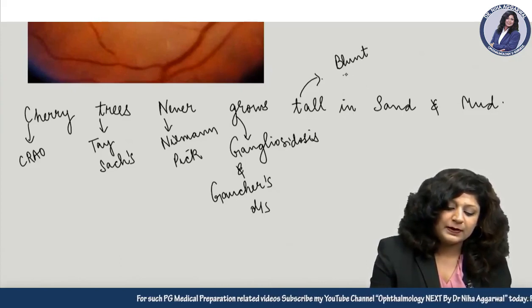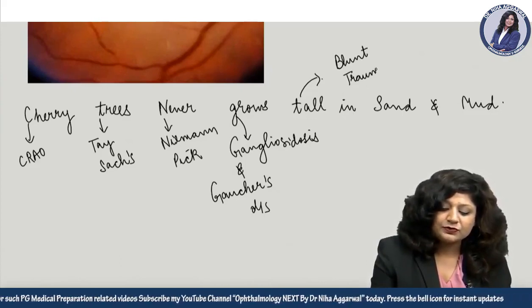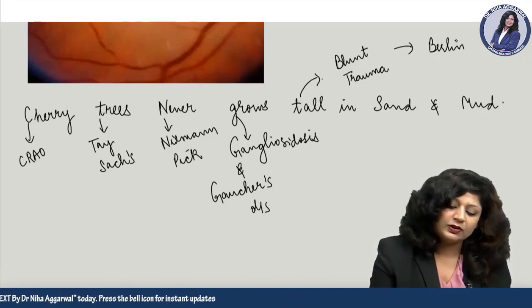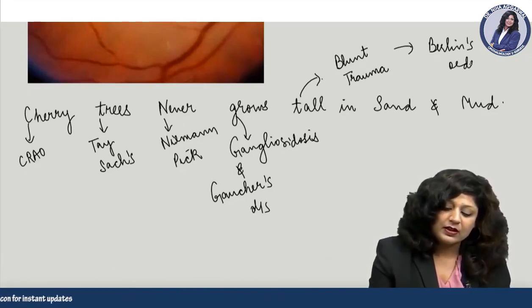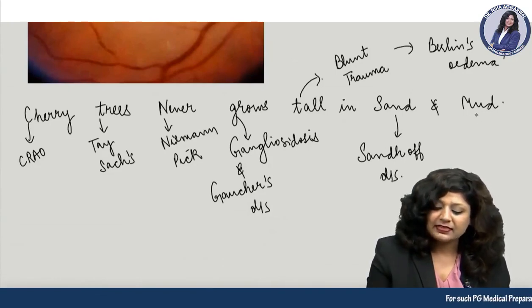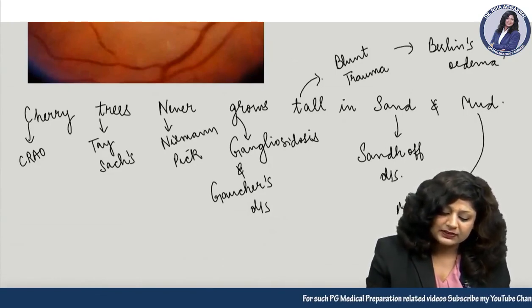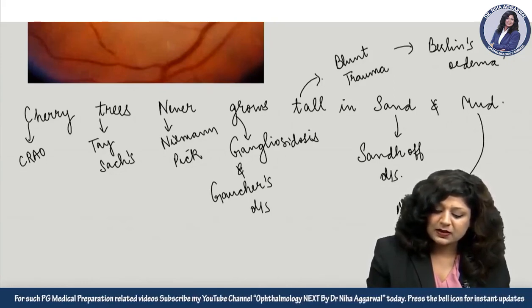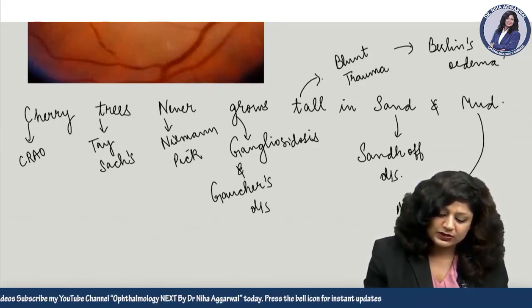Which trauma? The blunt trauma. And blunt trauma shows the Berlin's edema, the macular edema. Then we come to the sand. Sand is actually Sandhoff disease, and then we have the mud, that is the metachromatic leukodystrophy.